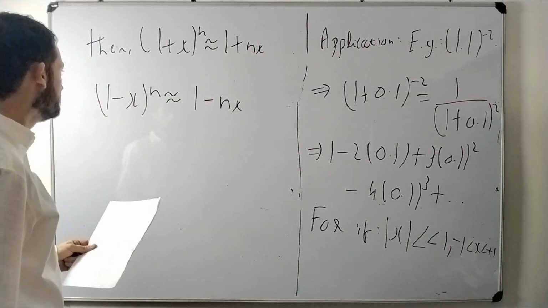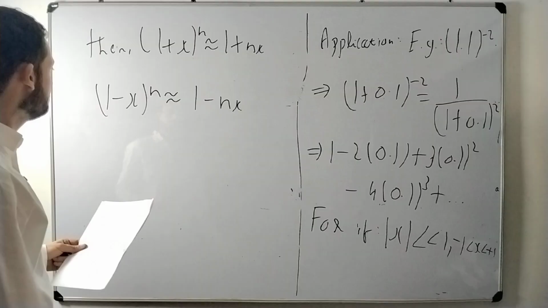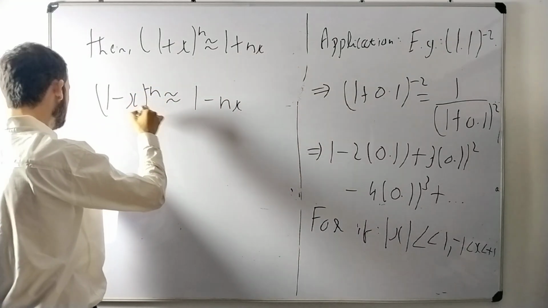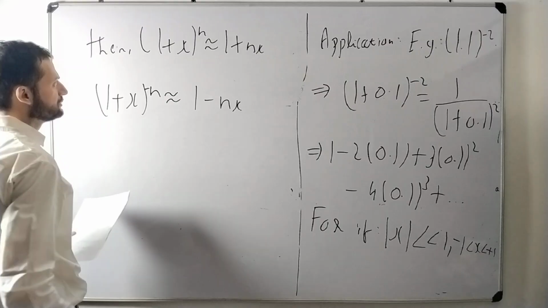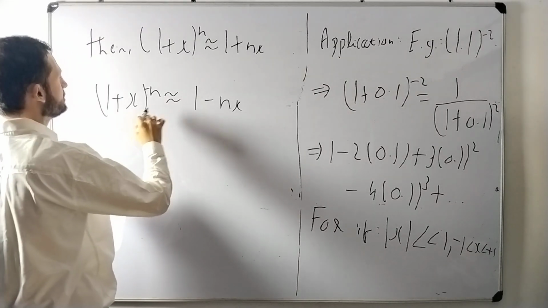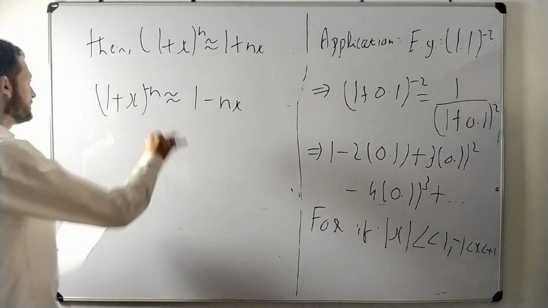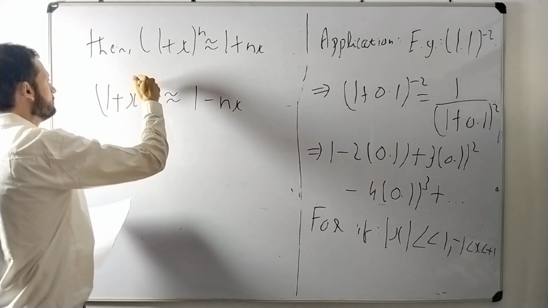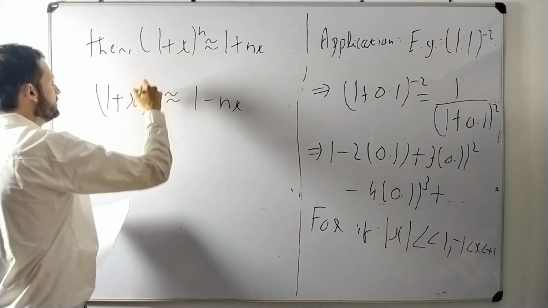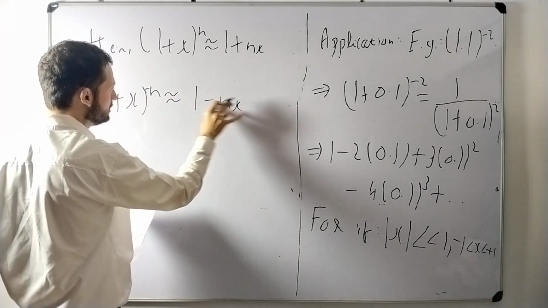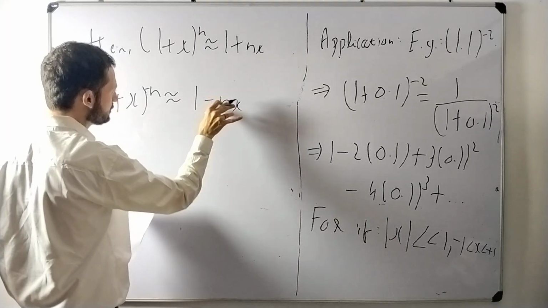So you might be wondering why sir is taking the approximation sign here. Why has the approximation sign come? So students, it doesn't actually equal this, it is an approximate value.